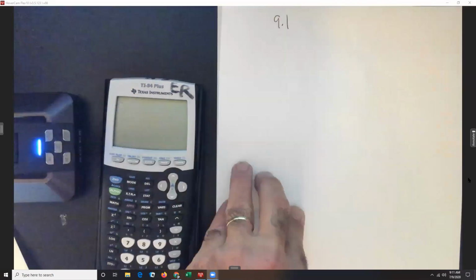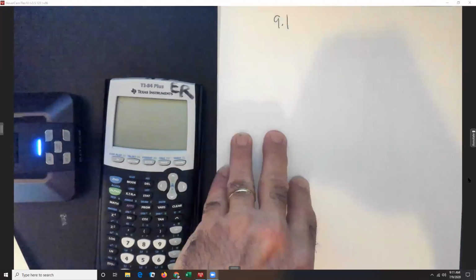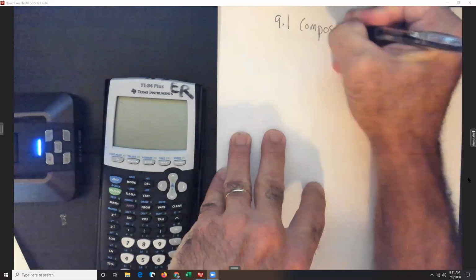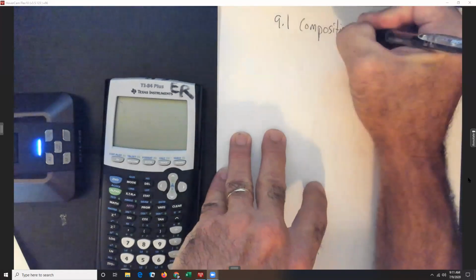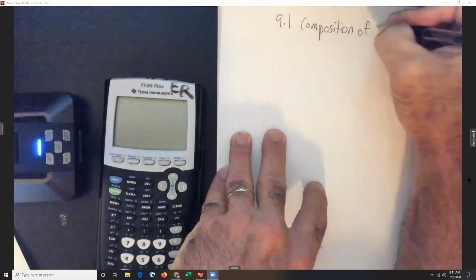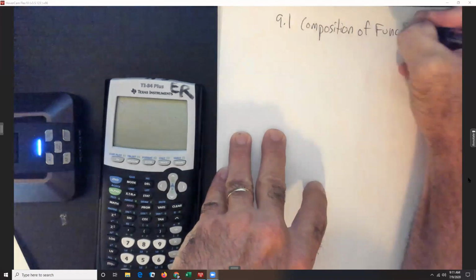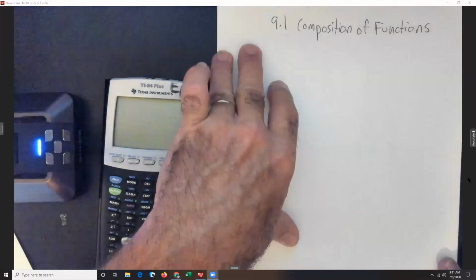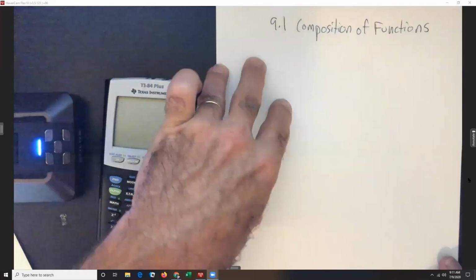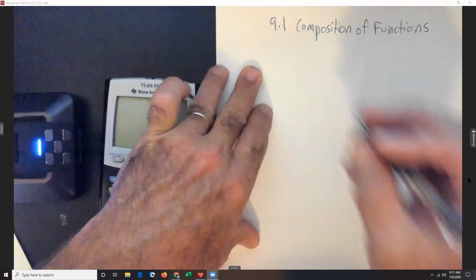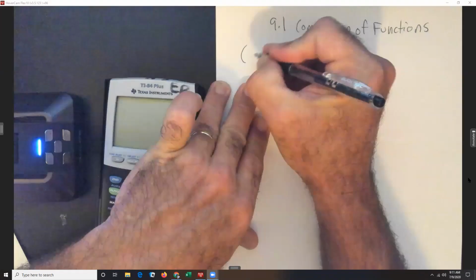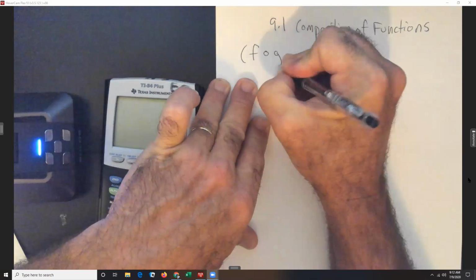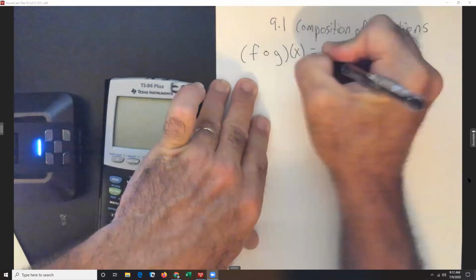Nine point one deals with what we call the composition of functions. Okay. So let me show you some new symbolism. We got f of g of x. Now, that's not a 0.